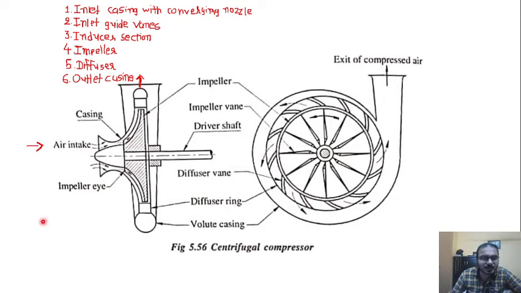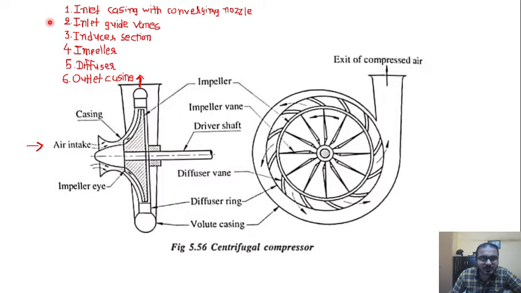So we began with the major components of a centrifugal compressor, and in total there are 6 components. First is the inlet casing with converging nozzle. Here we accelerate the flow towards the entry of the compressor. Second is inlet guide vanes.